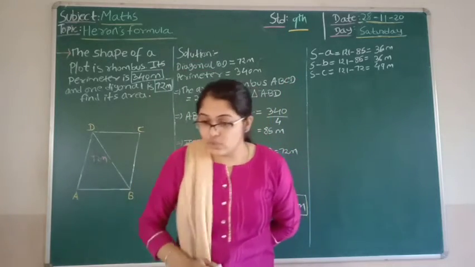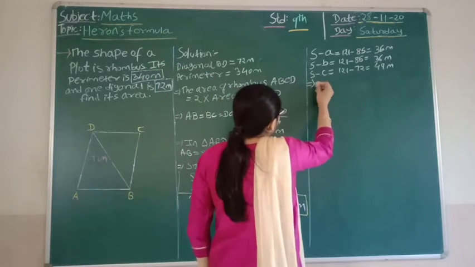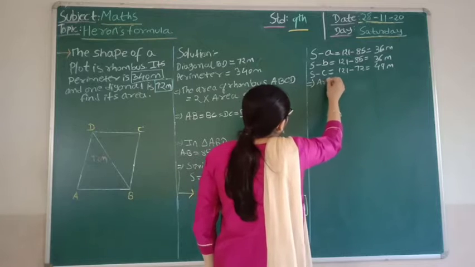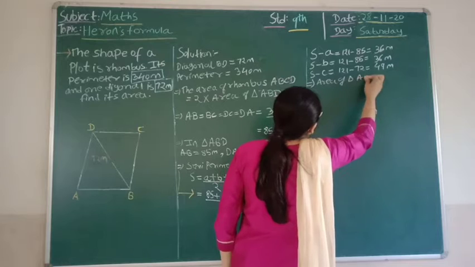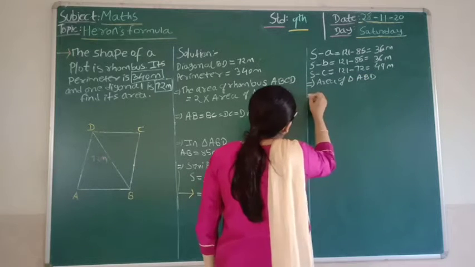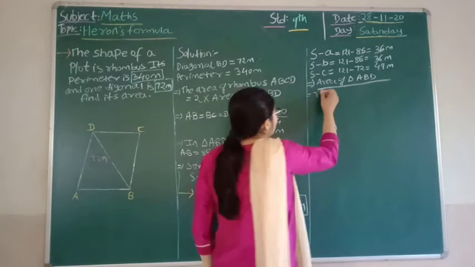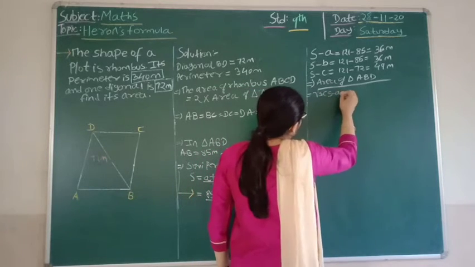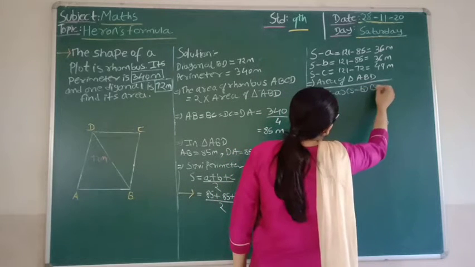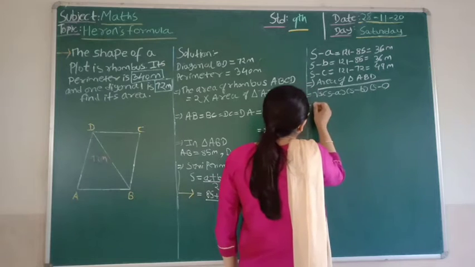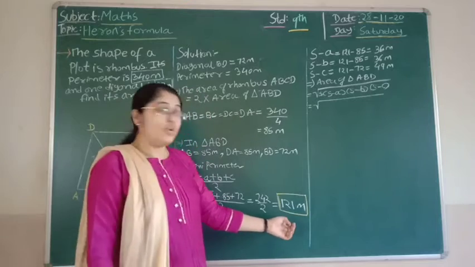Now we can put these values in Heron's formula, that is the area of triangle ABD. And we know Heron's formula, that is the square root of S into S minus A, S minus B and S minus C. S is 121.